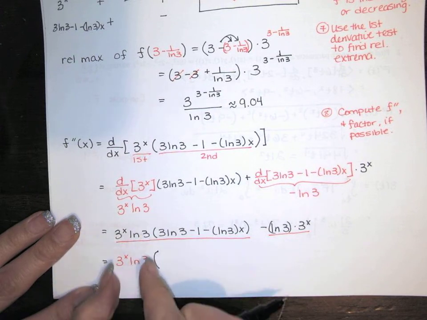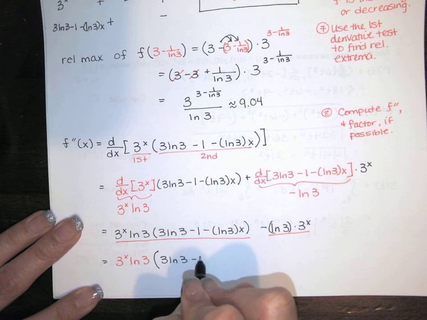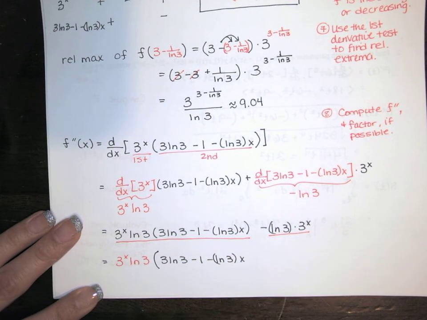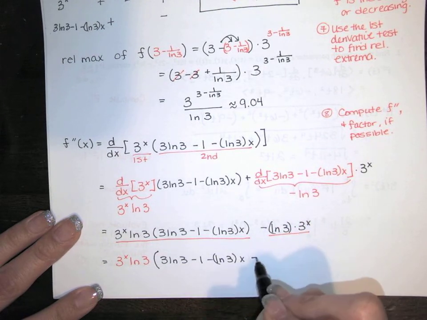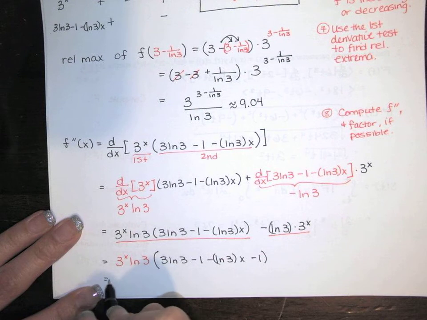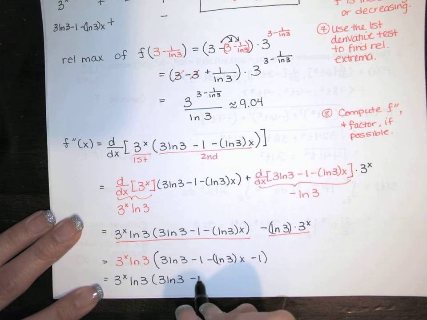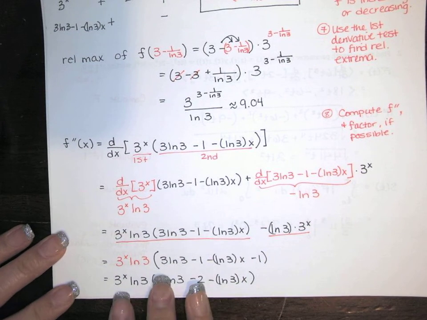Well, that was already factored out from there, so it's obviously everything else. And then I say to myself, 3 to the x times natural log of 3 times what gives me this? And it's just the negative 1 that's missing. So I have 3 natural log of 3. Negative 1 minus 1 is minus 2. Okay. So that's f double prime.